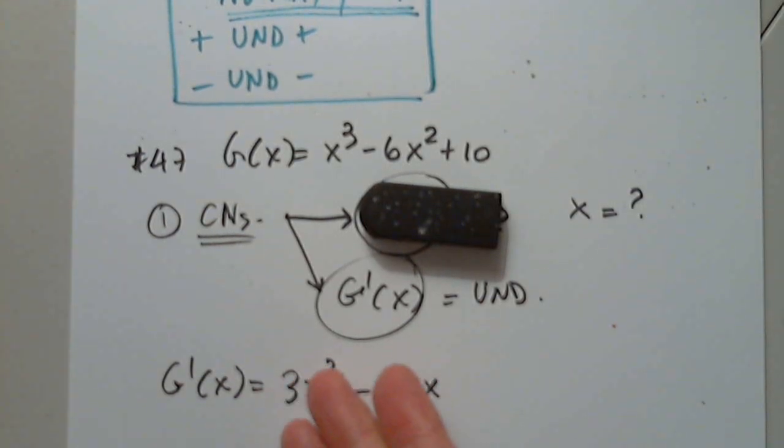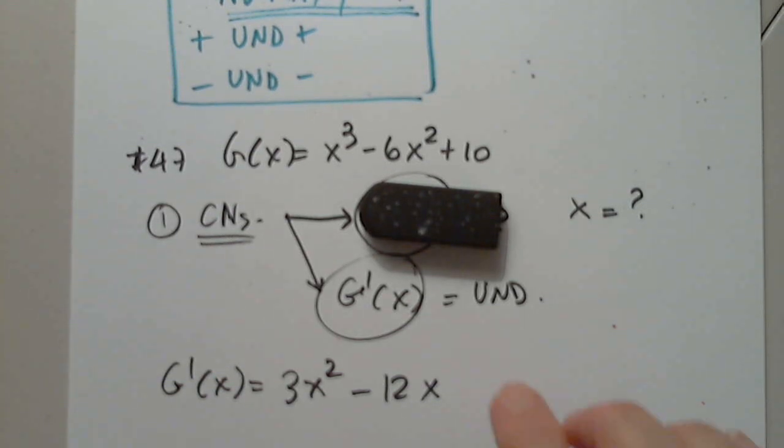What is the domain of such a function? Negative infinity, infinity. Great. Excellent. So this is not possible.